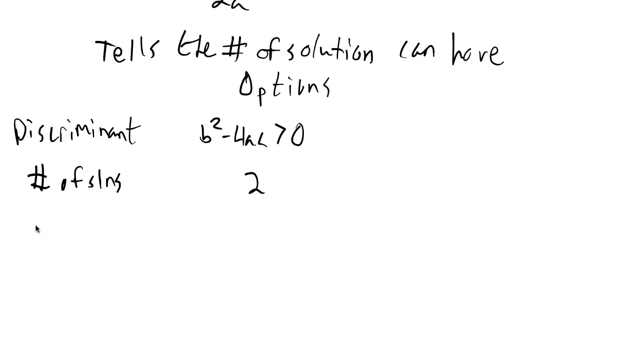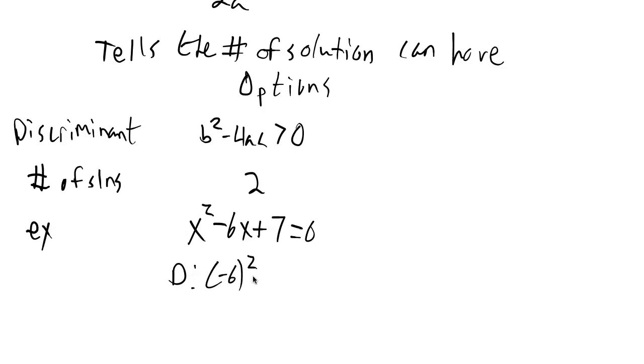So what would be an example of this? Well, let's say we're looking at x squared minus 6x plus 7 is equal to 0. The discriminant would be b squared, so negative 6 squared, minus 4 times 1 times 7, or 36 minus 28, so we get that this is a positive 8. That means that this will have 2 solutions.